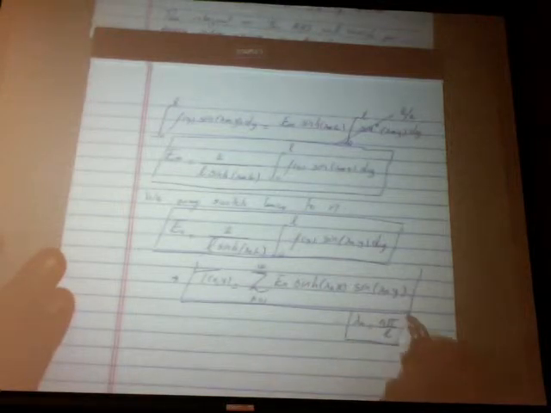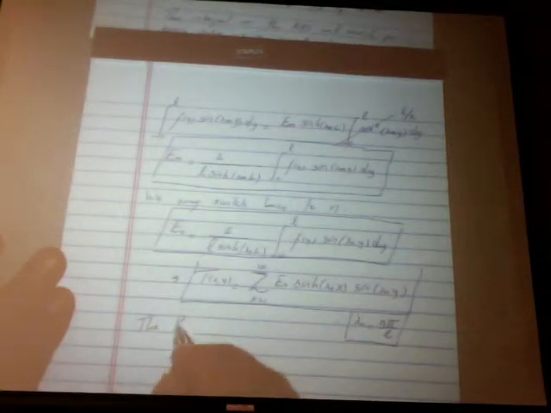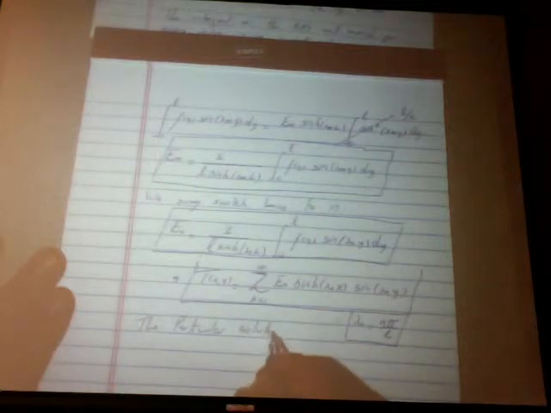This is the particular solution, whatever that function f of y is given. It's a known function.